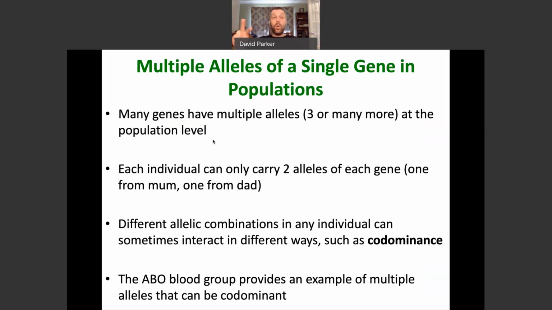And depending on which 2 alleles you have, they can interact with each other in weird and wonderful ways. One of the ways is codominance. We've already talked about a couple of others. And if you look at the A, B, and O blood grouping situation, that is an example of multiple alleles that can be codominant. I'll explain what that means.